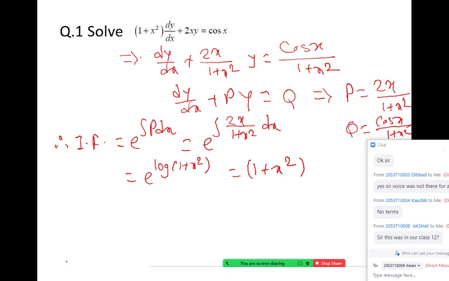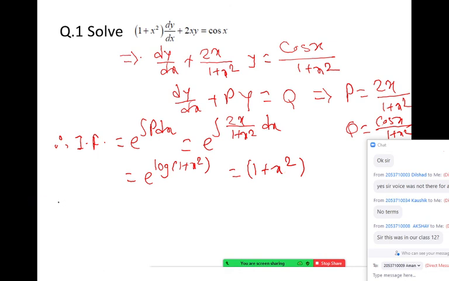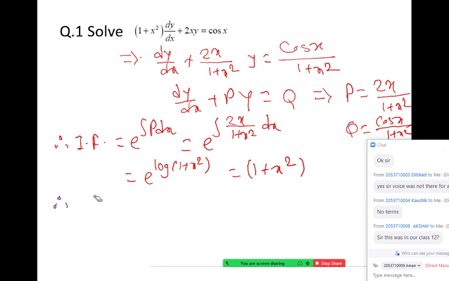Now, once we get the integrating factor, we can write the solution by the formula. Y into integrating factor is equal to integration of Q into integrating factor dx plus c.